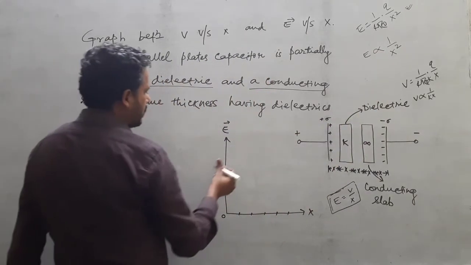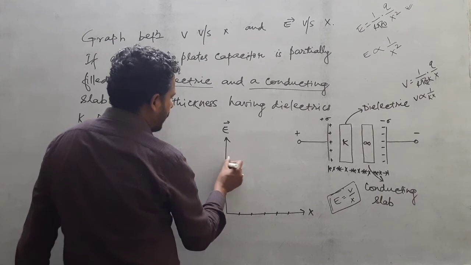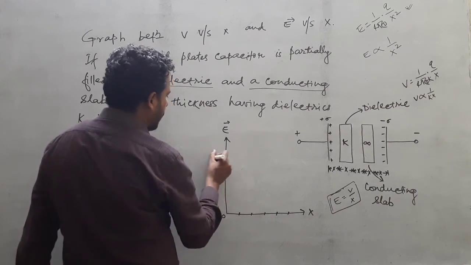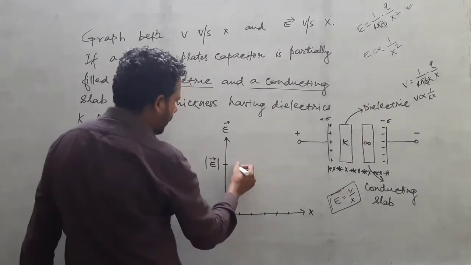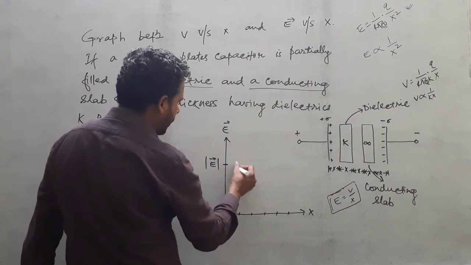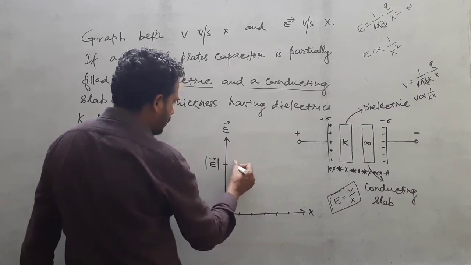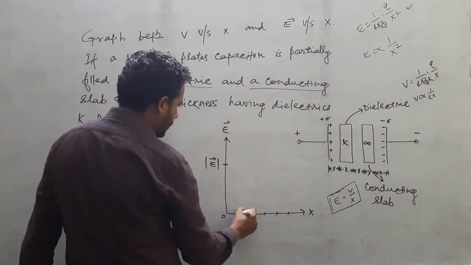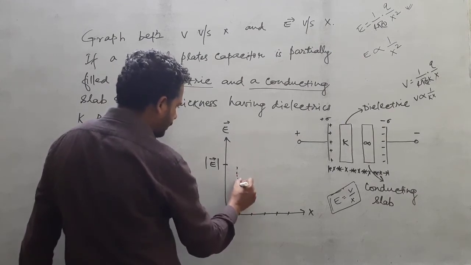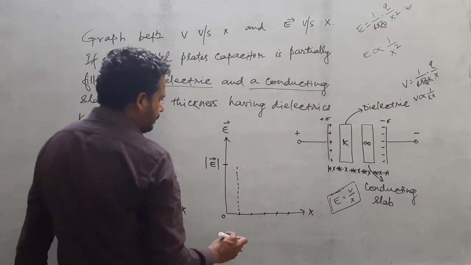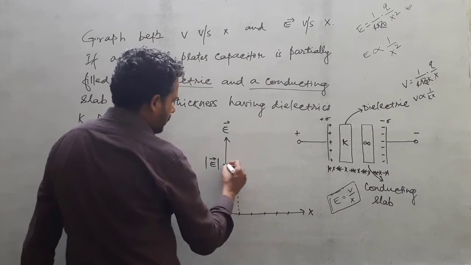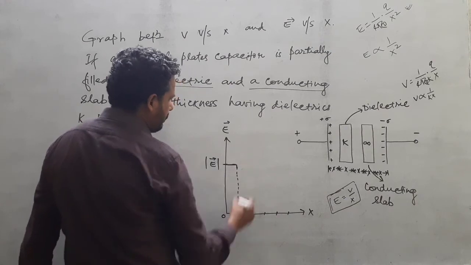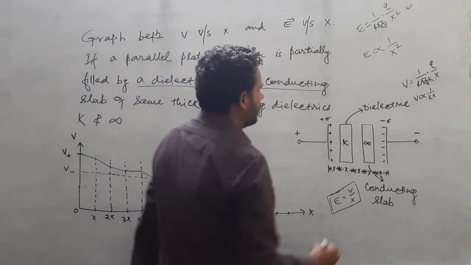Suppose this is the maximum field line, the magnitude of maximum field lines. For the first separation x, that will be decreasing in order. So you will just take it like that, decreasing in order. This one is the maximum value.